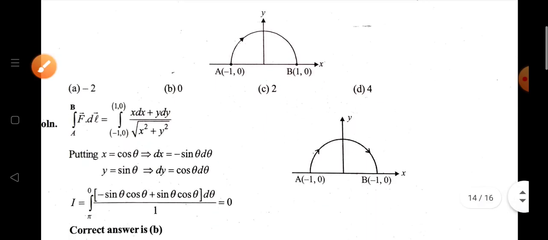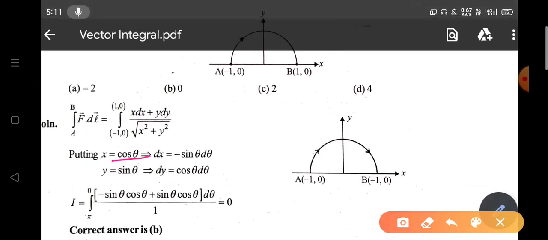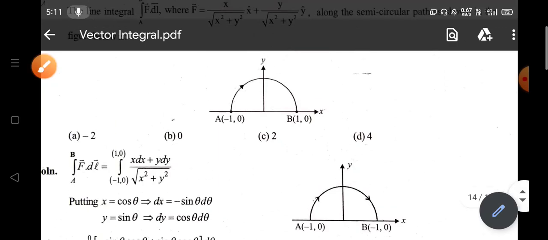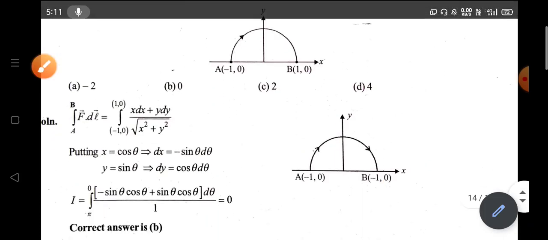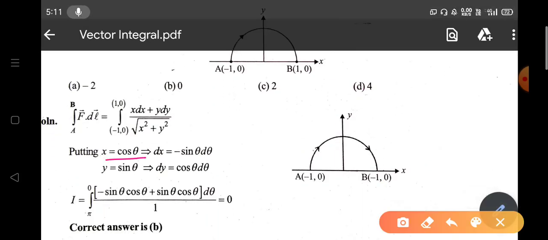Now put x equals cos theta, because r is 1 here. r is root over of x square plus y square, and here the magnitude of x is 1 and magnitude of y is 0, so it will give you 1. So r is 1, so r cos theta gives x equals cos theta, so dx equals minus sin theta d theta, and y equals r sin theta, that is y equals sin theta, dy is cos theta d theta.